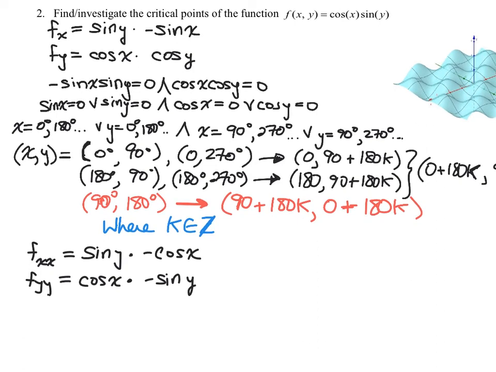Now my second order mixed partial, f sub x, y, is fine. I mean, either way would work. So I'm going to hang on to the negative sine of x and take the derivative of sine of y, which is cosine of y. So I get negative sine x times cosine of y. So the discriminant, D, I could start plugging numbers in, but it's going to get pretty hairy pretty quick.